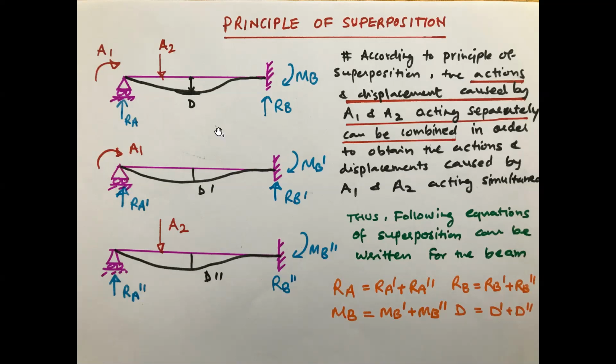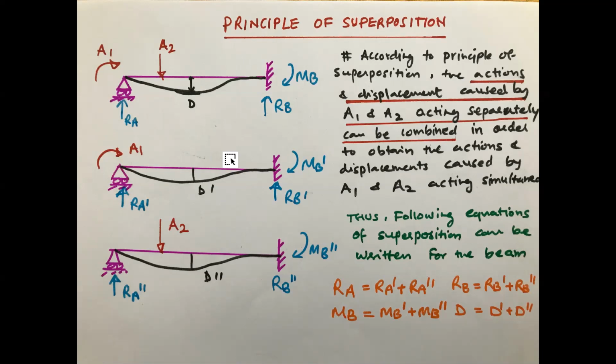Now L cube has a power, everybody knows, but P is not having a power, it is linear, first power, and delta also has first power. So if both quantities are related to each other with first power, we call it linear.